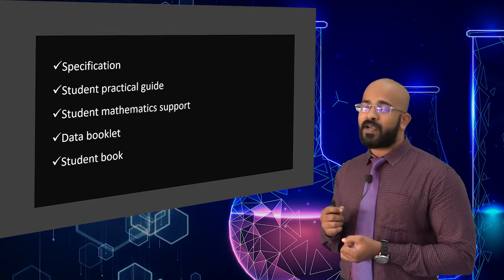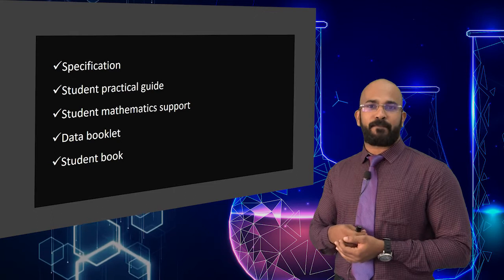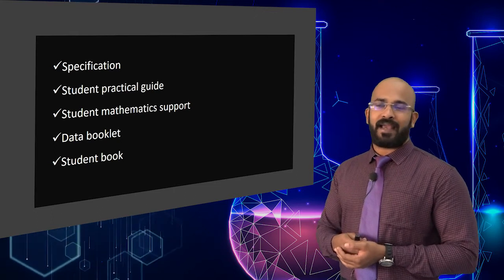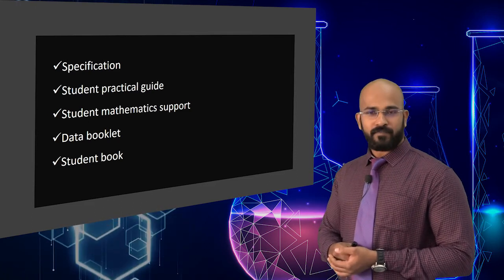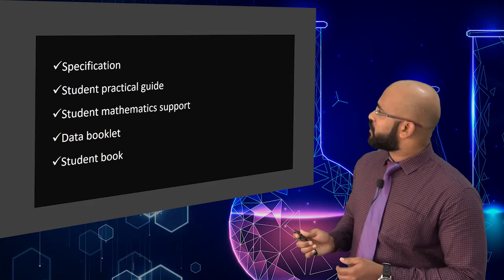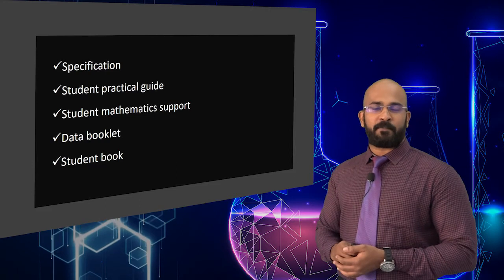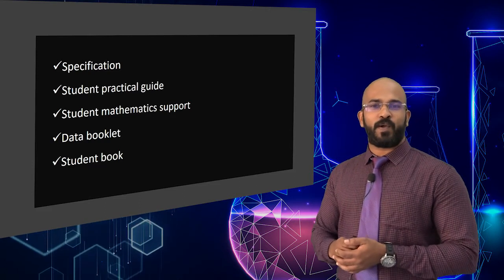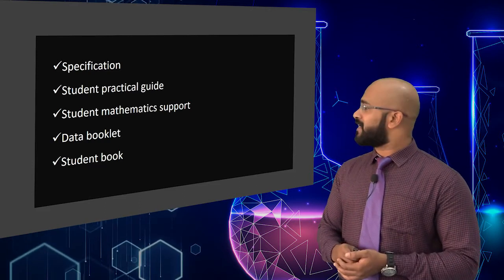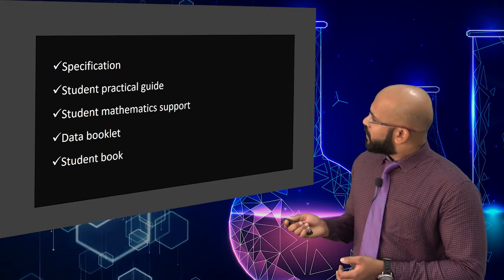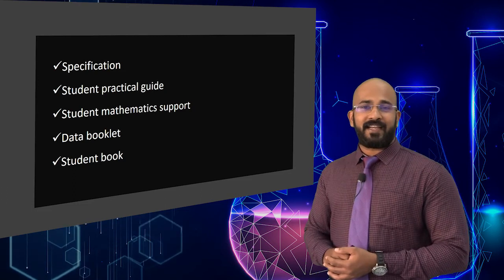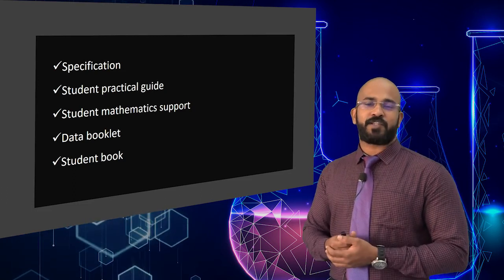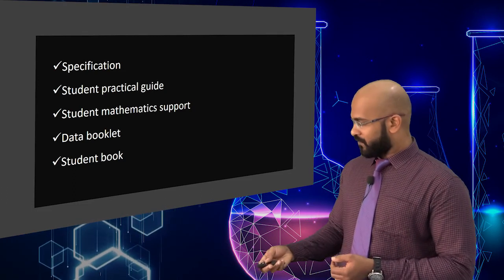Then the fourth one is the data booklet, which will be provided along with the exam paper. Last one is the student book. So, the specification, student mathematical support and data booklet you can download from the Pearson Edexcel site. The student book and student practical guide will be provided for each student from school.